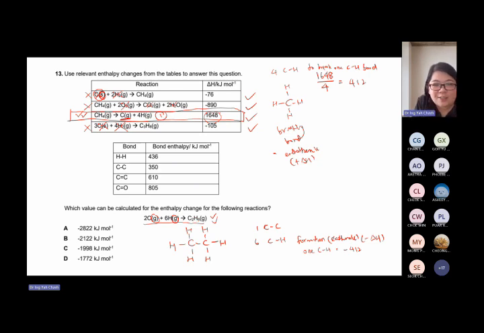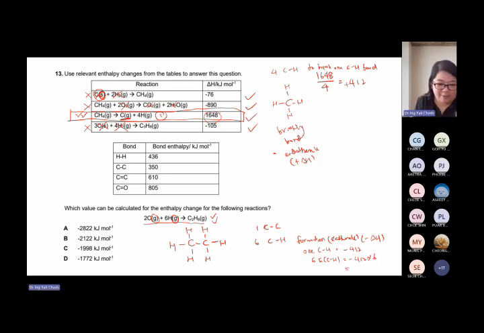So we reverse the reaction and change the sign from positive to negative. Here positive, so here will be negative. Now 6 times 1 CH bond, negative 412. So 6 CH bonds will be negative 412 times 6.